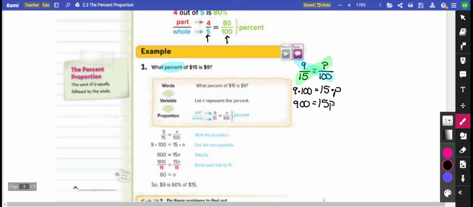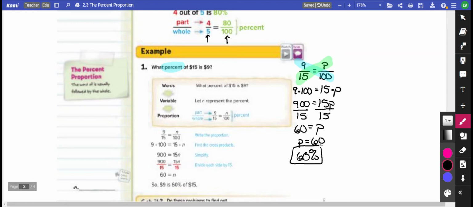I want to get my variable P by itself, so I'm going to divide both sides by 15. 900 divided by 15 gives me 60. 60 equals P, or in this case, P equals 60. So that means that what percent of $15 is $9? It's going to be 60%.